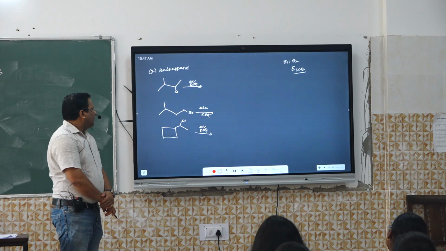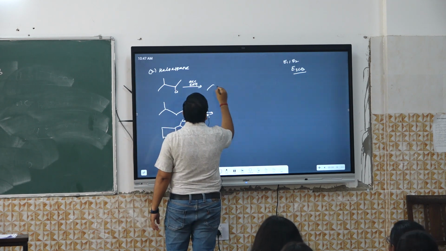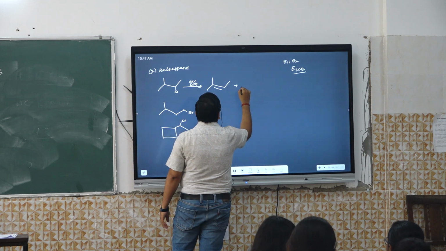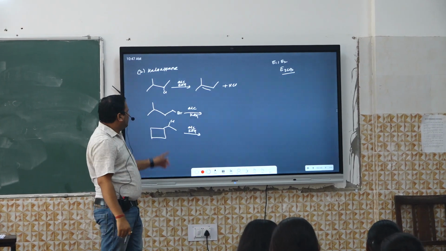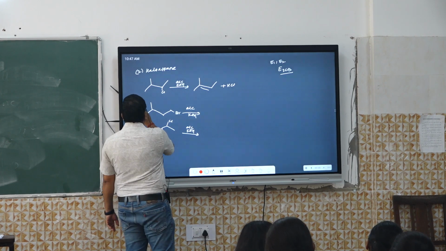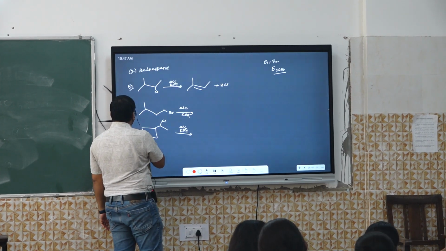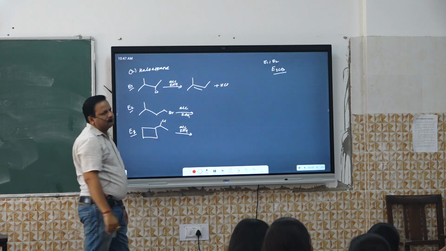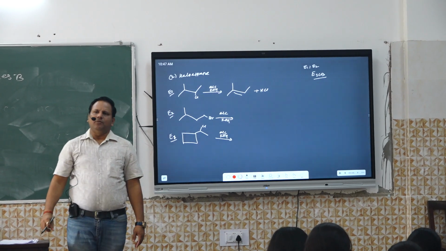Okay. But in one case, this is the product. In this case, it will be E2 mechanism. And this will be E1 mechanism, sorry, this is E1 mechanism. Do you remember what E1 and E2 mechanisms are?